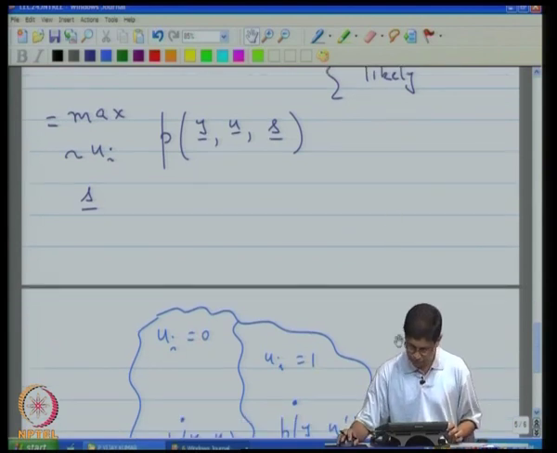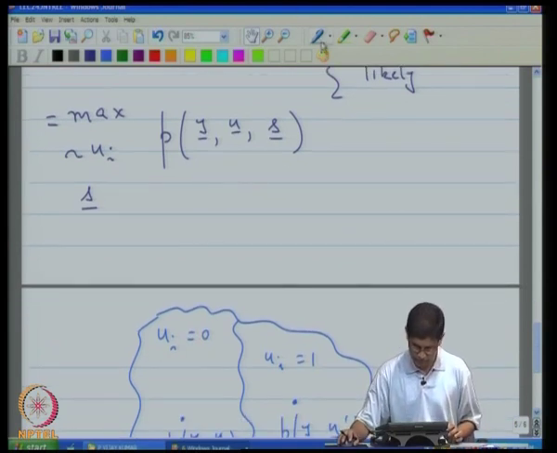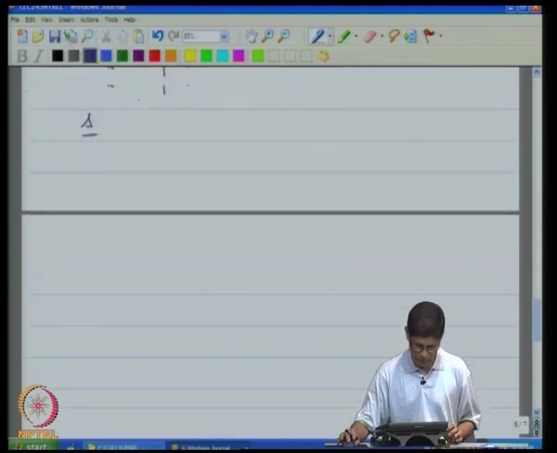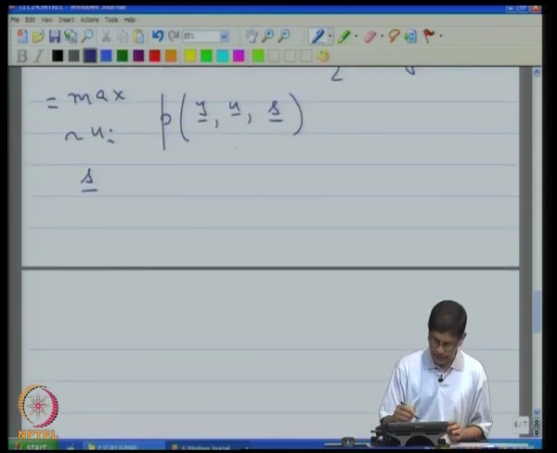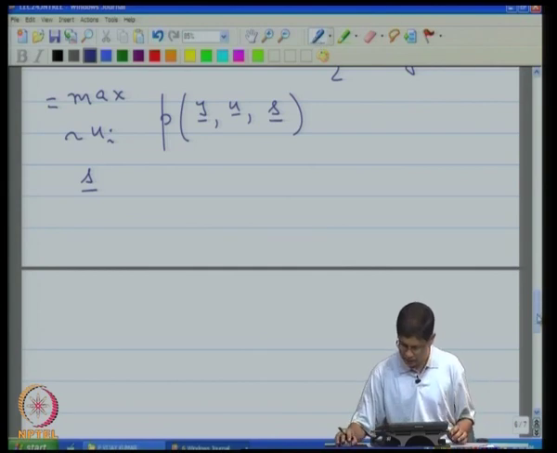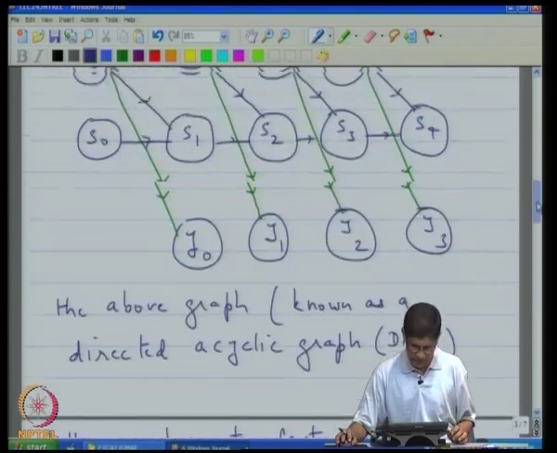Okay. All right. Now I am going to actually expand this joint distribution function given the directed acyclic graph here.